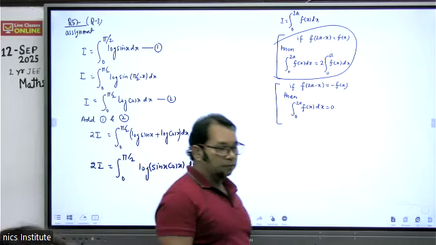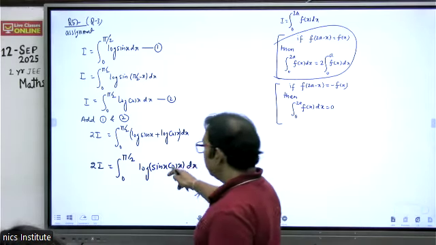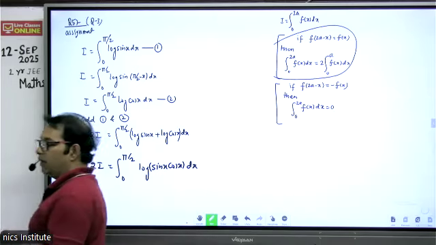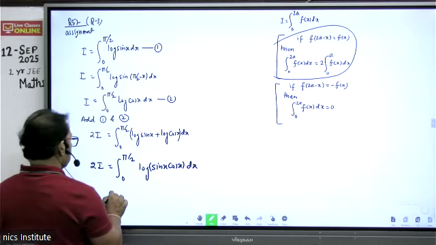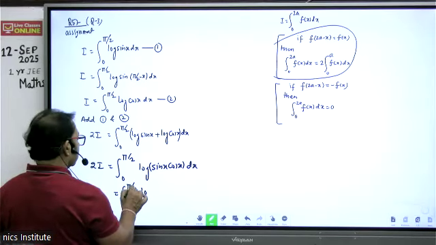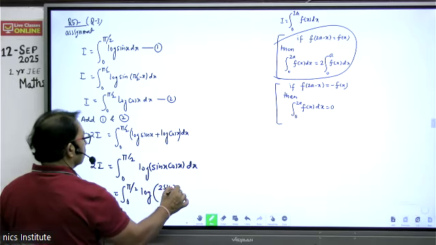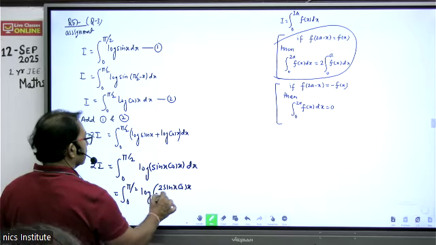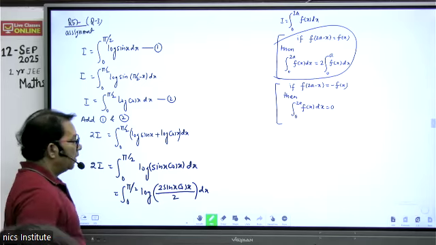It's clear now? Now in the next step, you can multiply by 2 and divide by 2 inside the log only. So it would be 2 sin x cos x by 2. So it becomes sin 2x.